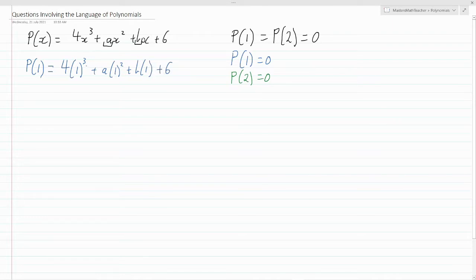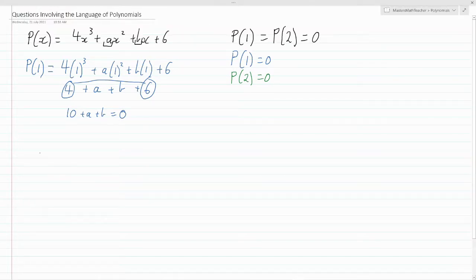And if we expand that out, 1 cubed is 1, 4 times 1 is just 4, 1 squared here is going to be 1 as well, a times 1, just a, then we got b times 1 is b, and we got 6. Now let's just group the constants here to make this a little bit nicer. And we're going to get 10 plus a plus b, and that all has to equal 0 because of our piece of information. We knew that p of 1 equals 0.